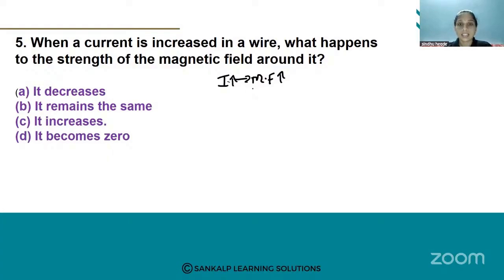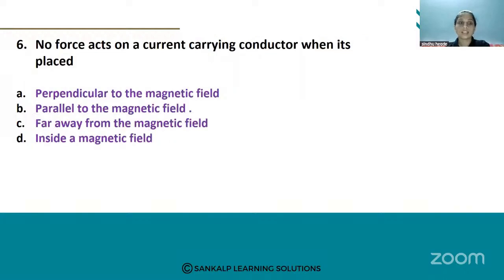So it decreases is wrong, it remains the same is also wrong, it increases is correct. It never becomes zero. Once the strength of the current increases, the magnetic field is also increased. So C option is correct. Next, sixth one. No force acts on a current carrying conductor when it's placed.